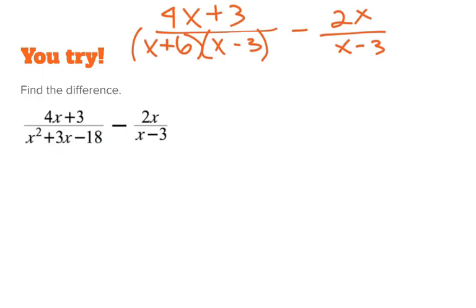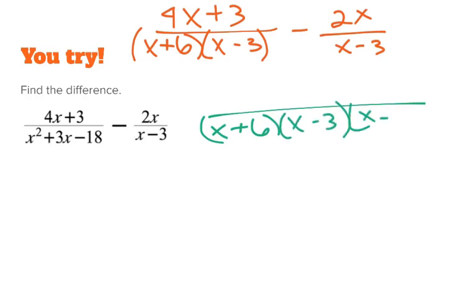Okay, so hopefully you got that the next thing you should do is get common denominators and write this as one giant fraction. So my common denominator would just be all 3 of these terms written under just one big fraction, and then compensating for the numerator. The one that said 4x plus 3 over here needs to be multiplied by the other denominator, so x minus 3.